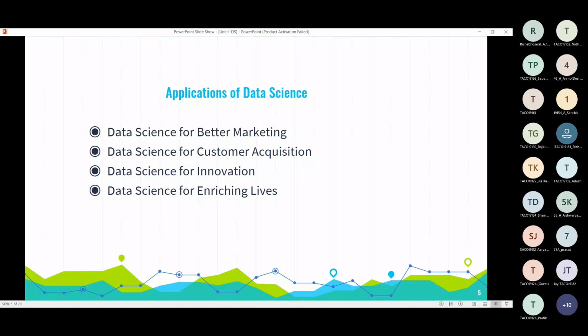Now, let's see the applications of data science. As we have seen, a company needs data. This data is huge in amount, and we have high computing power to process it. We have high storage capacity to store it. But the important part is that we also need scientific tools to analyze the data, and that is where data science comes into the picture.